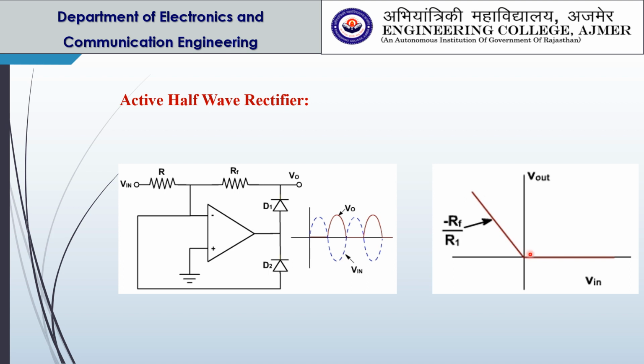On this side the input voltage is negative, less than 0, and for Vin greater than 0, diode D1 is off, so no signal is connected through this path, and the output will become 0 because the differential input voltage becomes 0 due to the non-inverting terminal being grounded. So the output is 0 for Vin greater than or equal to 0 volt.